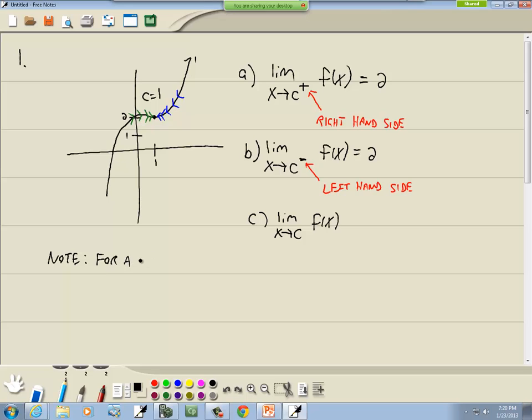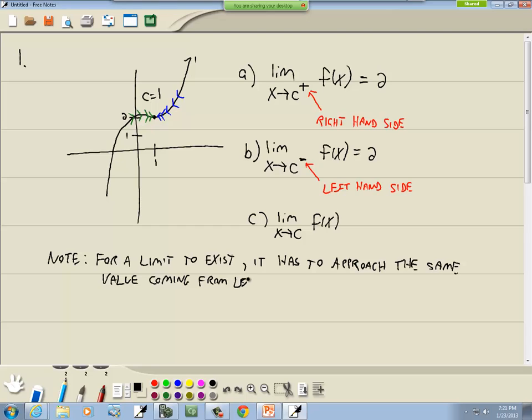For a limit to exist, it has to approach the same value coming from the left and coming from the right.